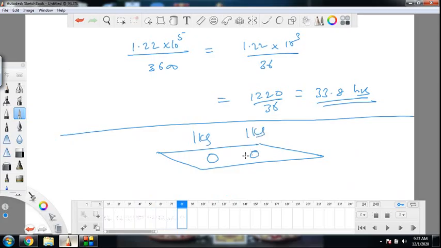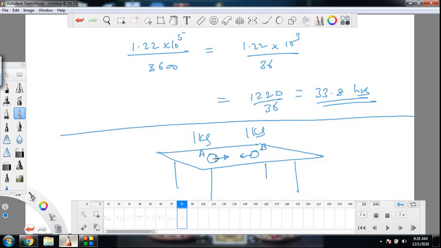This 1 kg is attracting that 1 kg, that 1 kg is attracting this 1 kg, they should come closer. See, the problem with this argument is, I know that the left 1 kg A is attracting the right 1 kg B, and the right 1 kg B is attracting the left 1 kg A. Correct, no doubt.